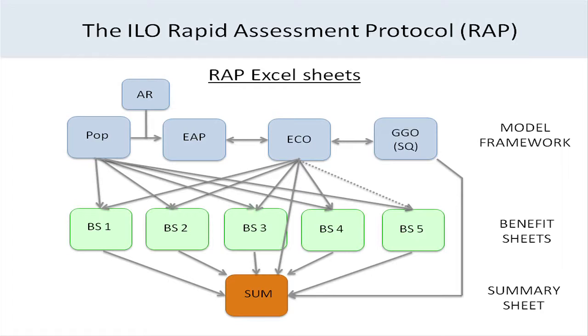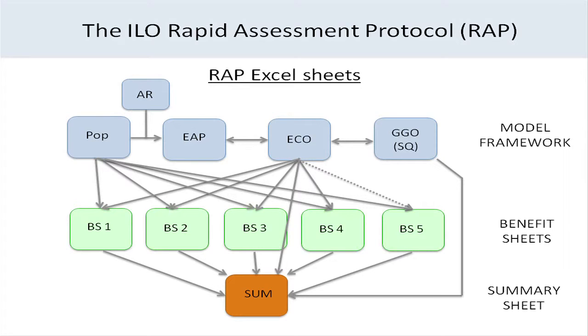So the RAP is basically an Excel file, and there's different sheets. And here you can see the different sheets. So we have in blue, the sheets we need to complete first. So we have a sheet for the population. And then we have the activity rates, which is basically the labor force or labor market participation rates.